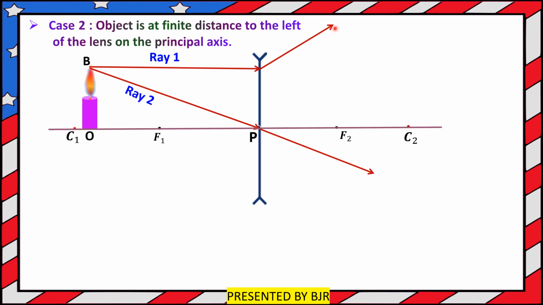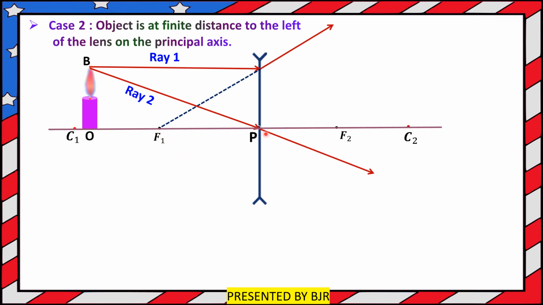So let us extend this ray backwards. I have already told you the first refracted ray appears to be coming from the focal point here. So if you extend this ray backwards, it meets the focal point here. That means for an observer here, this ray appears to be coming from F1.